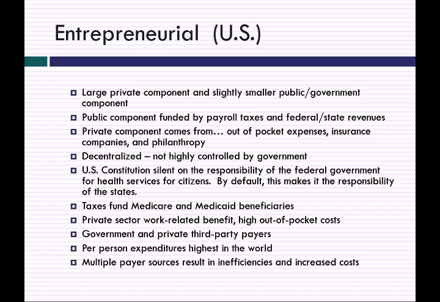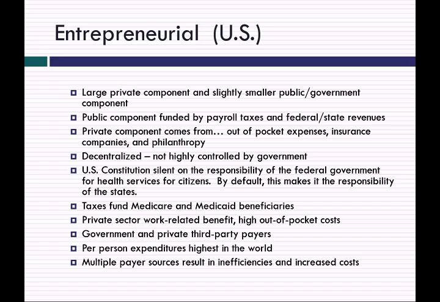And that brings us to the entrepreneurial system of the U.S. Again, if you picture that graph, we've moved to the far upper right: the least amount of government control and the highest amount of private sector involvement. In the U.S., there's a large private component, the private insurances, and a slightly smaller public or government component.